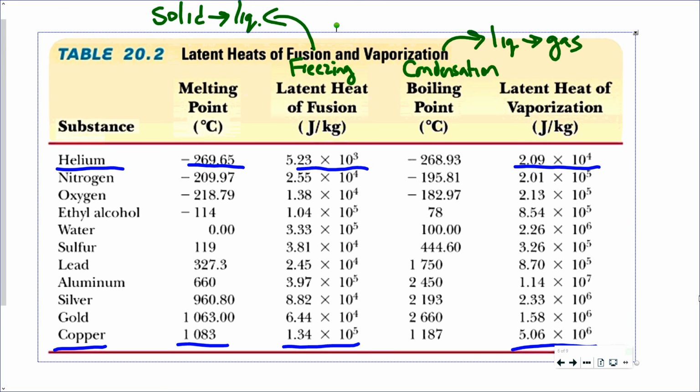If you look through this list, you'll notice that substances that are gases at room temperature will have the lowest latent heats, whereas substances that are solids at room temperature will have the highest latent heats. And that makes all sorts of sense because it'll take a lot more heat to change copper into a liquid than it will to change water into a liquid from ice.